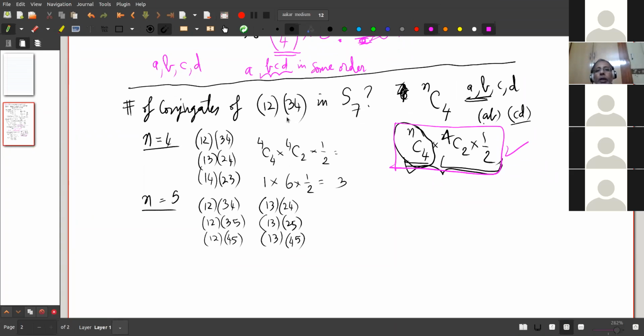So let us just think about it in a slightly different way. It's important when you solve problems: just because you have solved a problem, it's not the end of the story. You can try to solve the same problem in different ways.